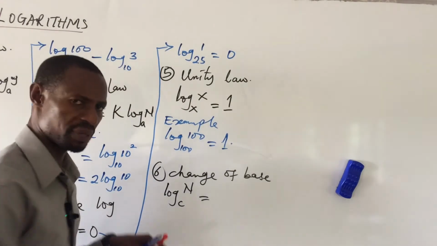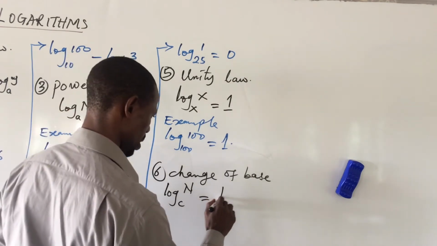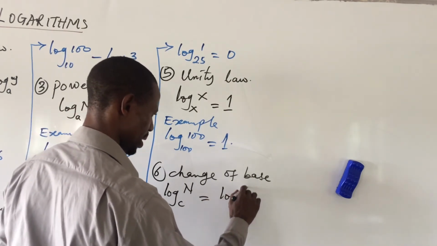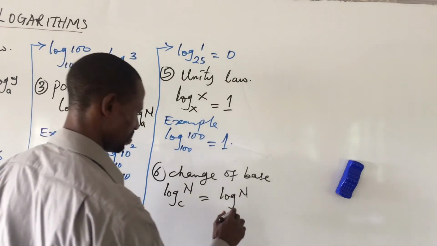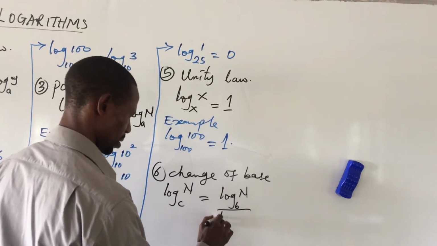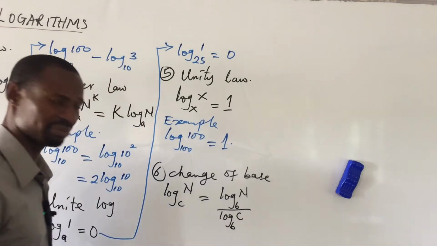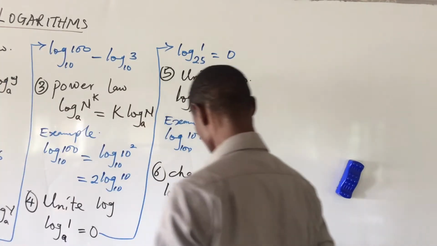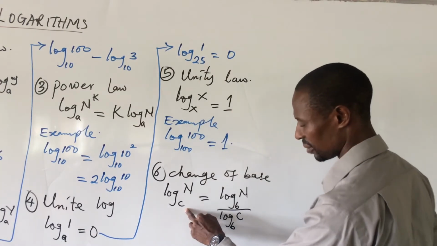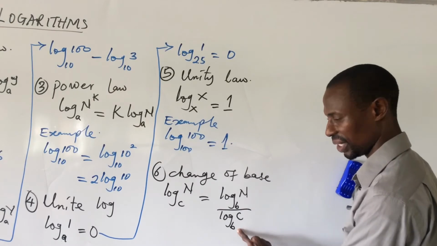For me to change this base, I'm going to introduce another base. So this will now give me log n base b, let's assume base b, all over log c base this same b. So I have changed this base to a different one, which is b here.